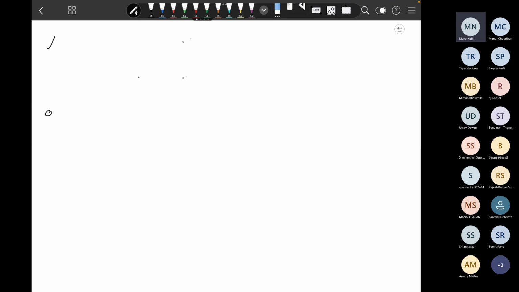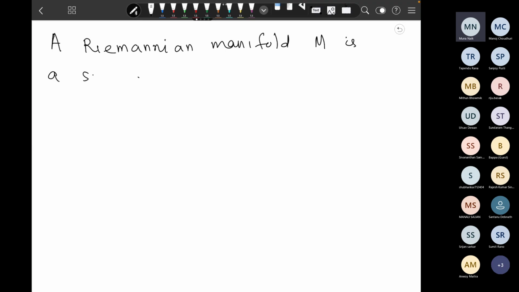I have defined something called a Riemannian metric. I should really define a Riemannian manifold. A Riemannian manifold M is a smooth connected manifold equipped with a Riemannian metric g.